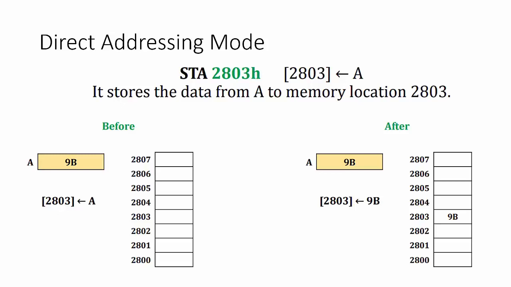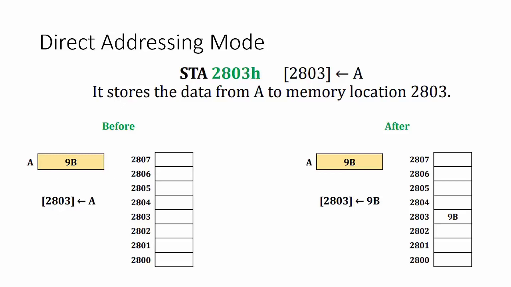We can again see in the figure there are two parts. First one is the left part, that shows before execution of the instruction, and the right side part shows after execution of the instruction. Here the accumulator register contains the value 9B, and the memory block contains different locations from 2800 to 2807.